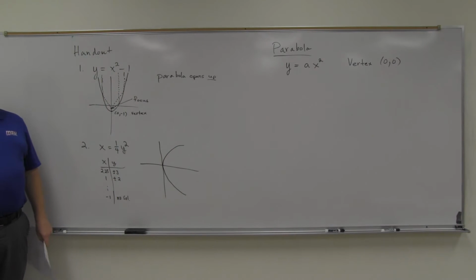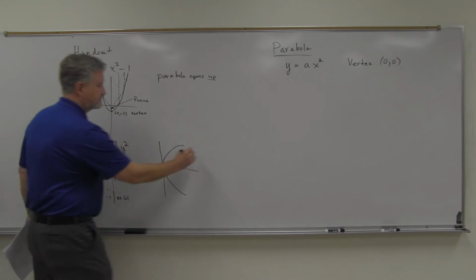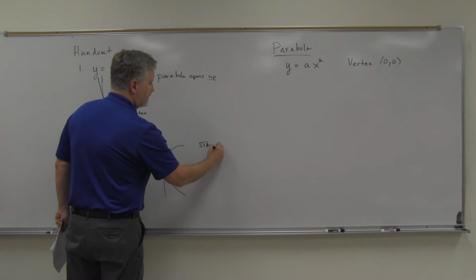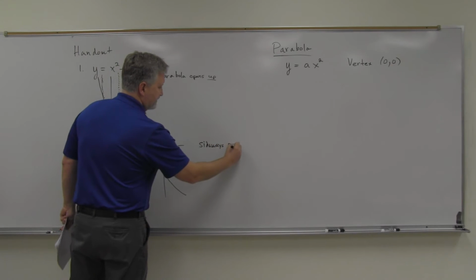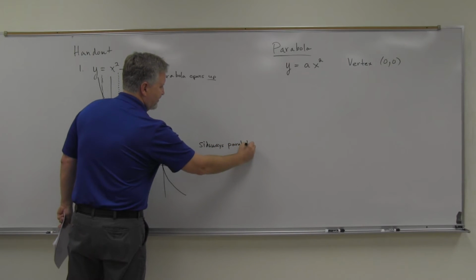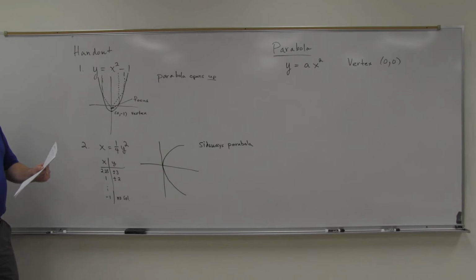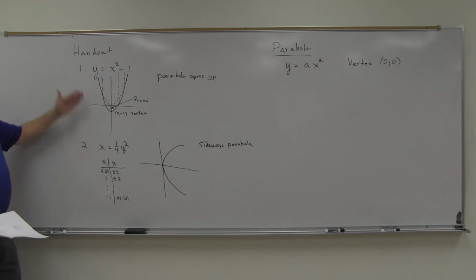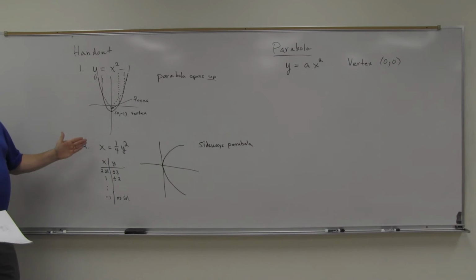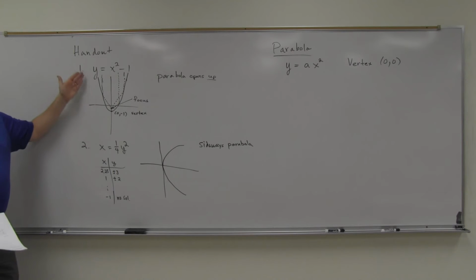It's a parabola, but what's different about it? It's sideways, right? Or I call it sideways. There are different terms you can use, but it's a sideways parabola. So that's what's different about the graph. Now, what changed as far as the equation goes? X and Y are switched.